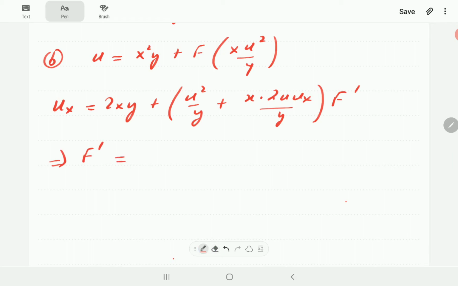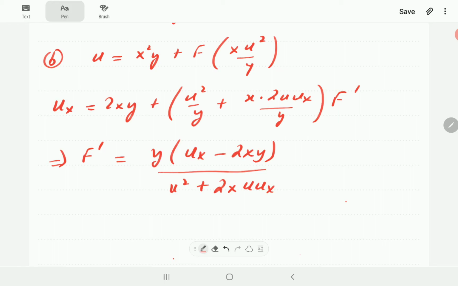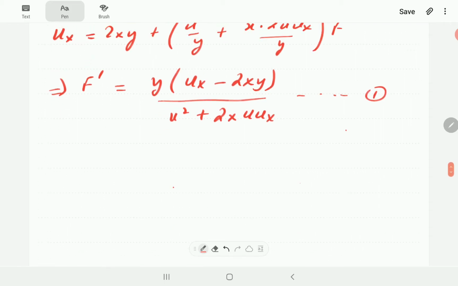So if we take this to the left hand side and then divide by that, we're going to get y into ux minus 2xy, and then this is all going to be divided by u squared plus 2x ux. So let's call this one equation number 1 this time.